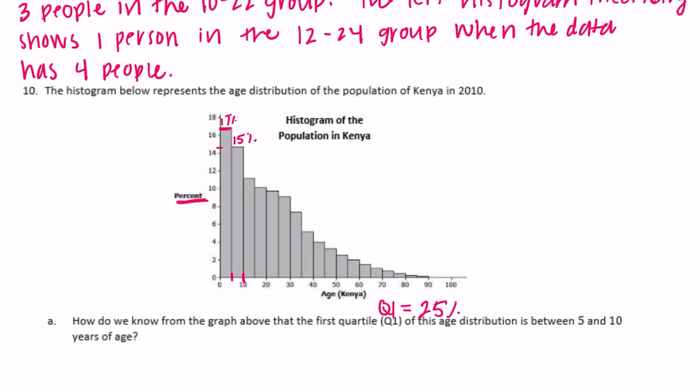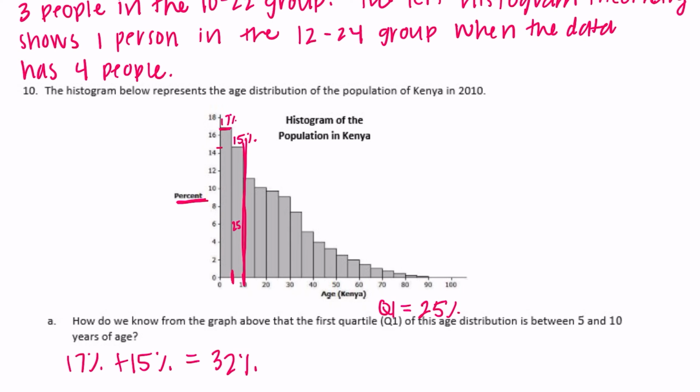So if we already have 17% plus the 15%, then we've already reached 32%. So the first two age groups are greater than the 25th percentile. These two have already reached further than the 25th percentile. So that means that in between 5 and 10 lies the 25th percentile. I'm hoping that's making sense.